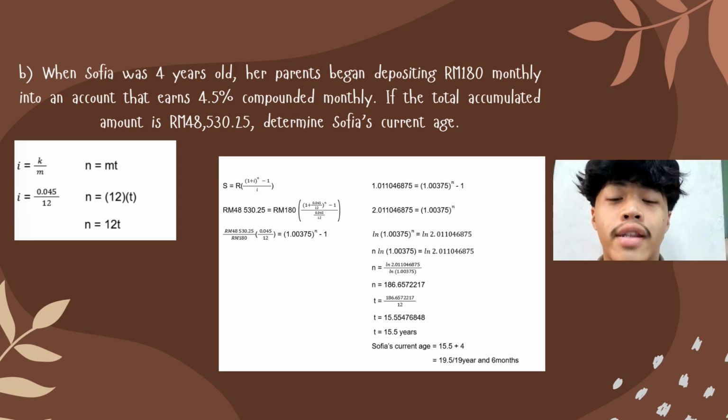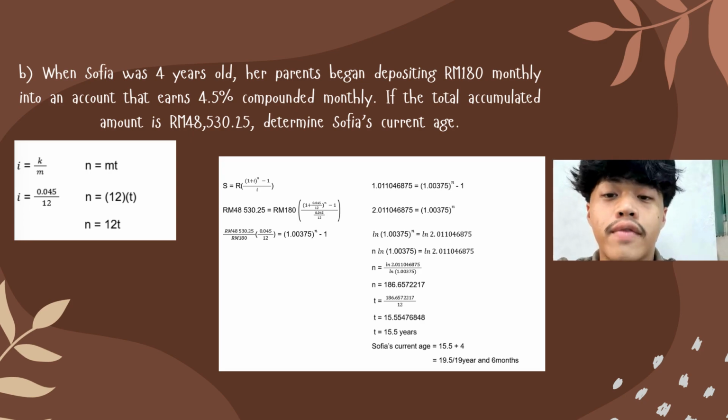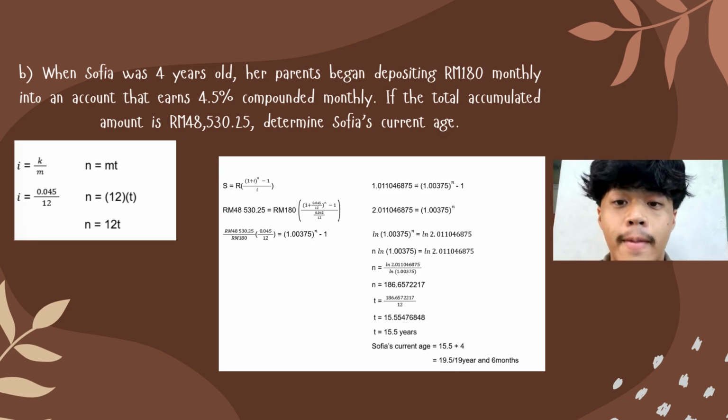Insert the amount into the formula: RM48,530.25 equals RM180 bracket 1 plus 0.045 over 12 bracket power of n minus 1 over 0.045 per 12.